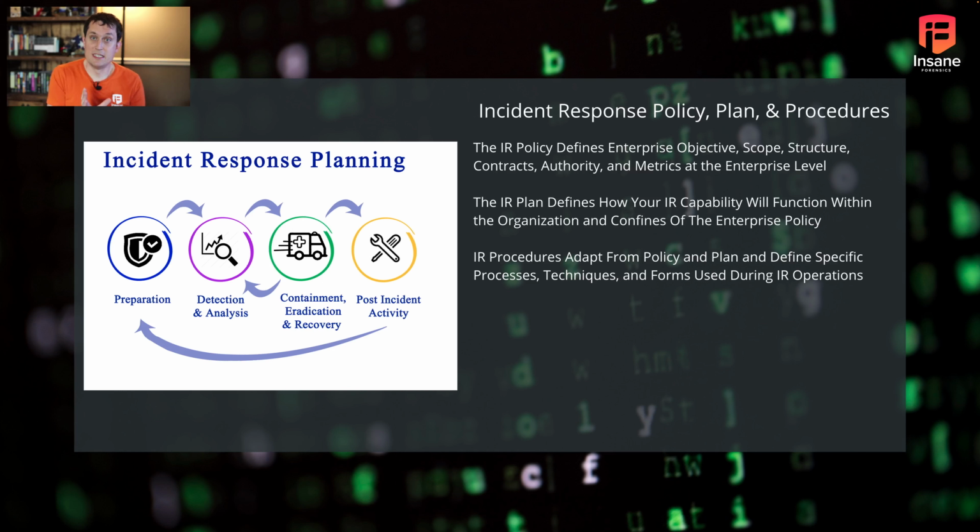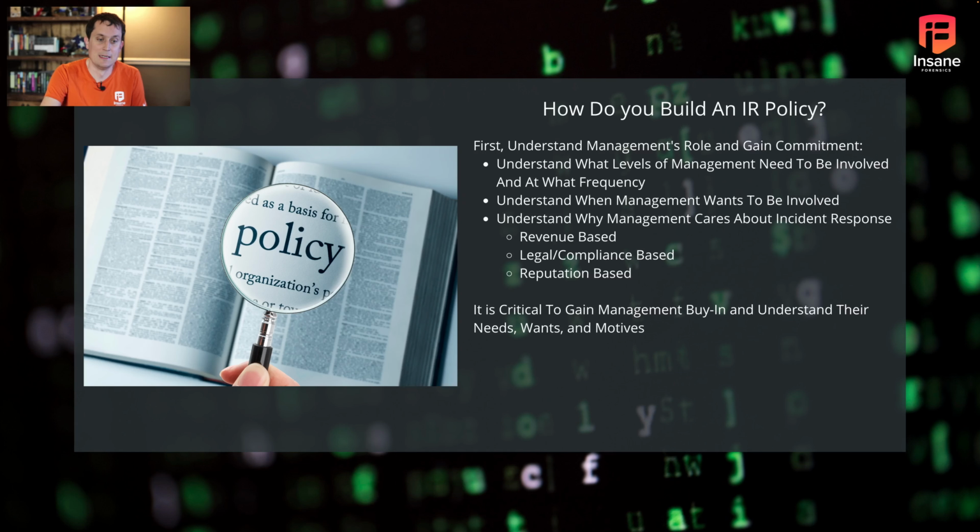And procedures, when you say IR plan, a lot of people instantly go to procedures. These are how you do it on that tactical, hands-on level. Between the three, the policy sets the overall intent for the incident response program for your entire enterprise. The plan's how you do it. Procedures are literally the hands-on steps for how you deal with the different types.